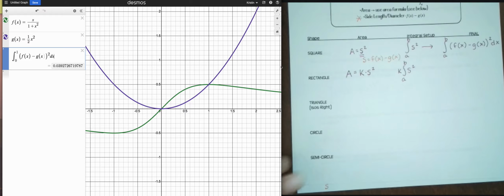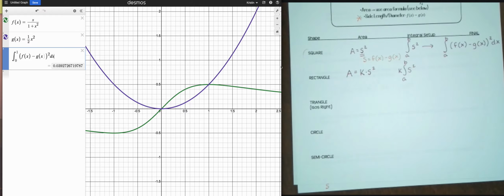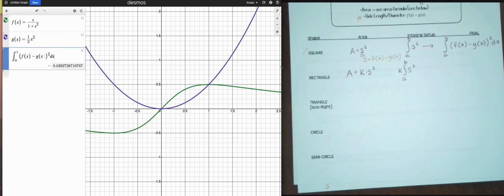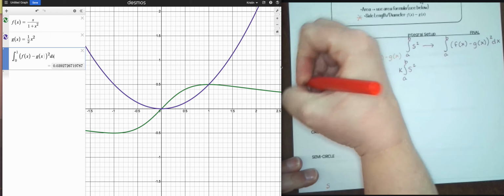That's actually true for all 3 of these: the square, the rectangle, and the triangle. I picked up the bad pen again. All 3 of those have the s being f of x minus g of x. Sorry about this, guys. No edits, no edits.